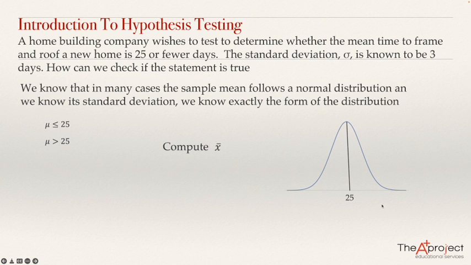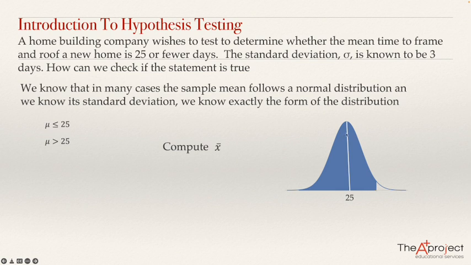One idea could be to define a region in such a way that the probability that the sample mean falls in this region is very small, given that the value of the mean is actually 25. So we are dividing the area below the normal distribution in two parts.